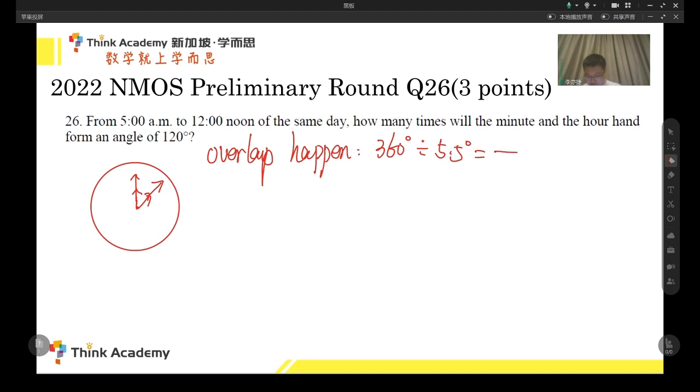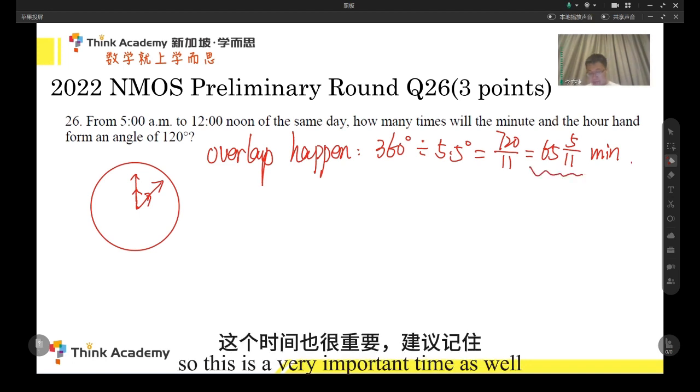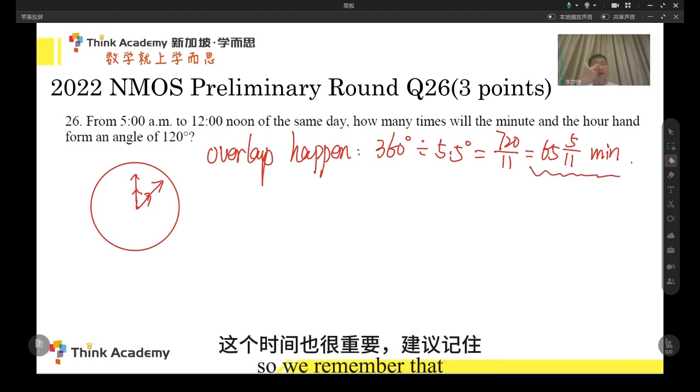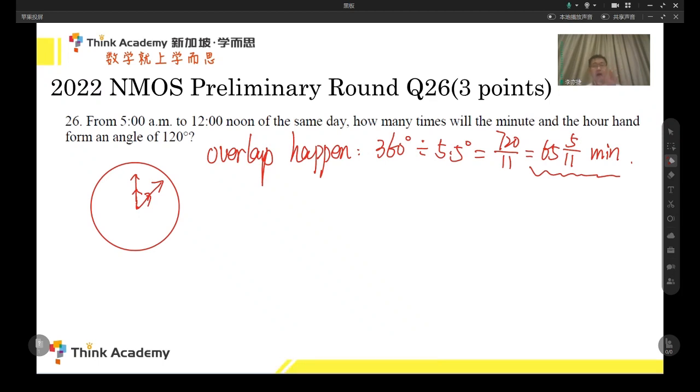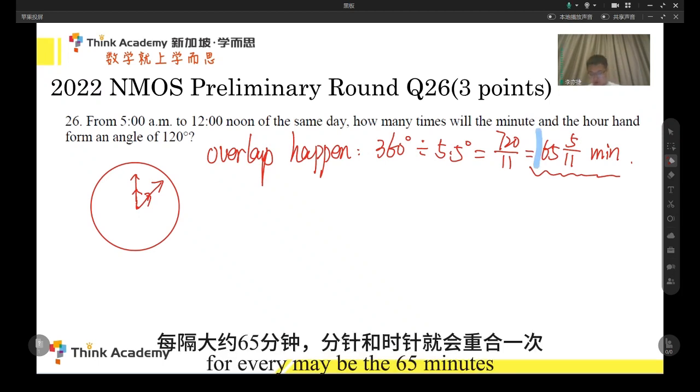So this is 720 divided by 11, which can be written as 65 5/11. So this is a very important time as well. So we remember that for every 65 minutes or so, the hour hand and minute hand will cross and overlap again.